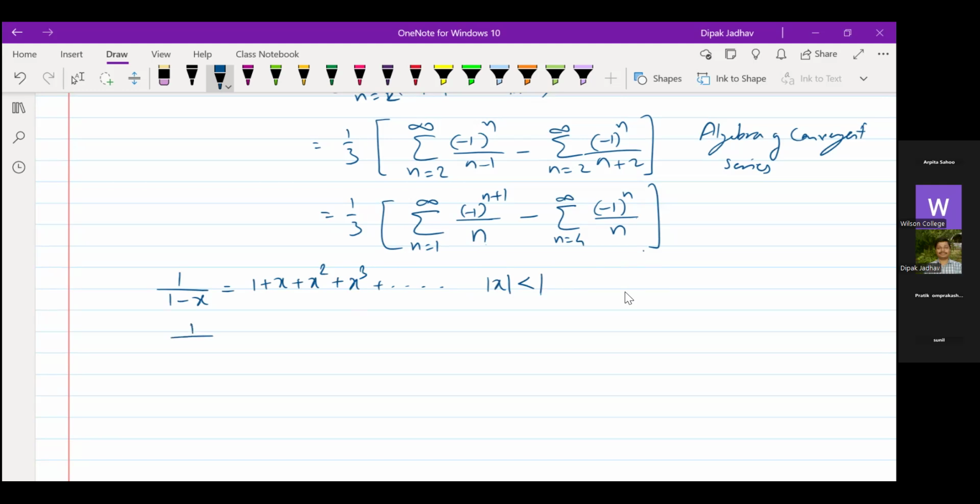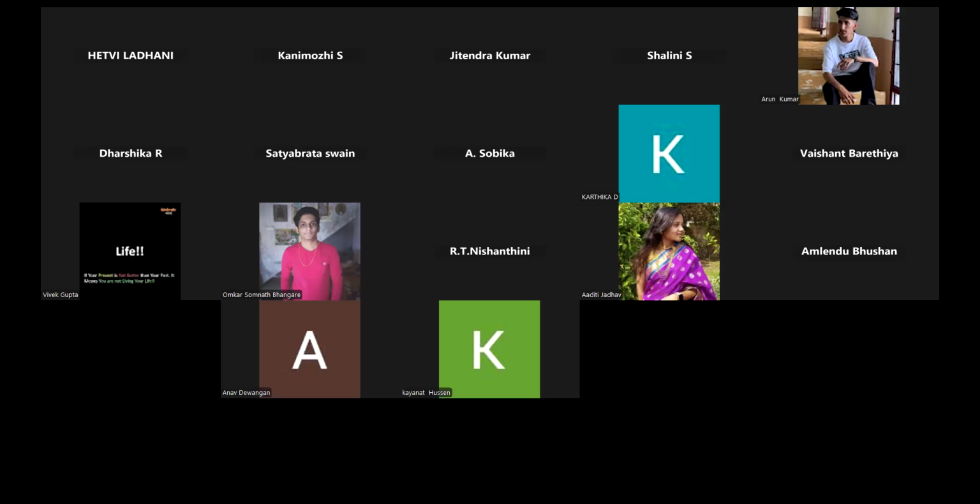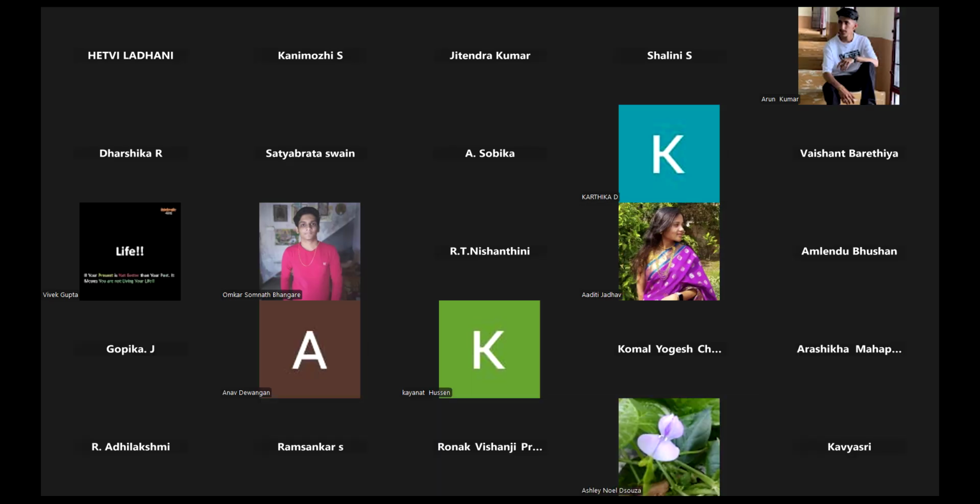And then if I replace x by minus x, I may get something like this: 1 minus x plus x square minus x cube plus, alternate plus minus. So radius of convergence is 1, but the interval of convergence is slightly bigger than the open interval minus 1 comma 1. It is minus 1 less than or equal to x, strictly less than 1. Yeah.